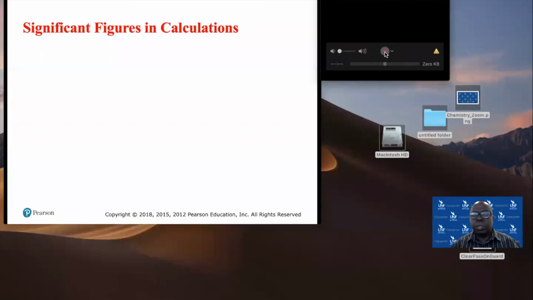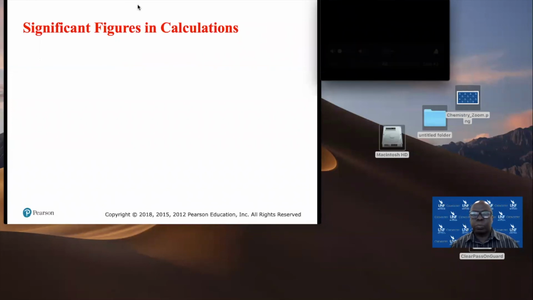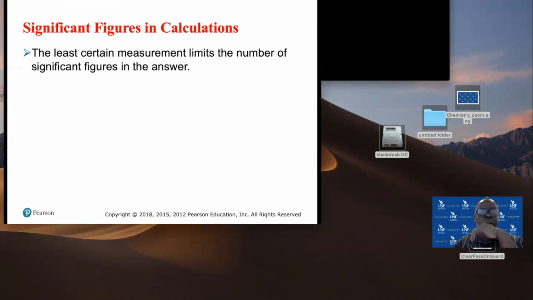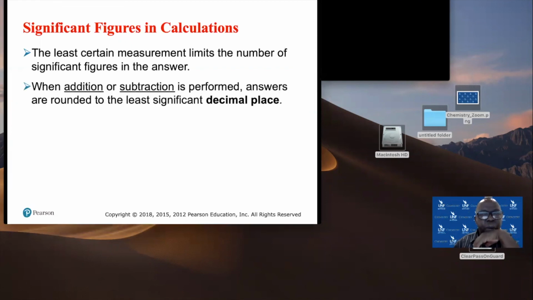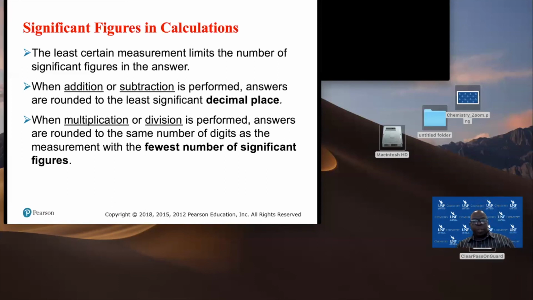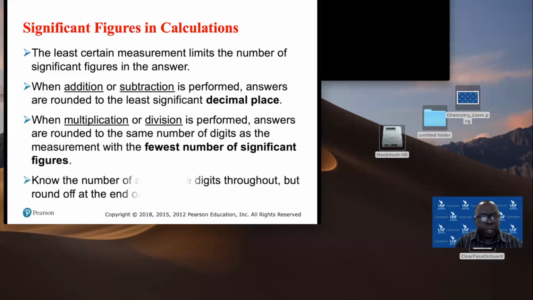So that is addition, subtraction. If we are adding or subtracting, you look at the least number of places of decimal, so that you express the final answer with the least number of places of decimal.